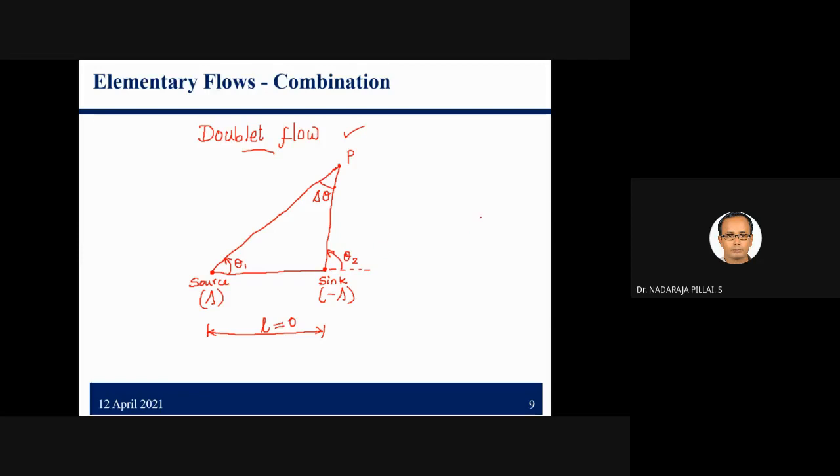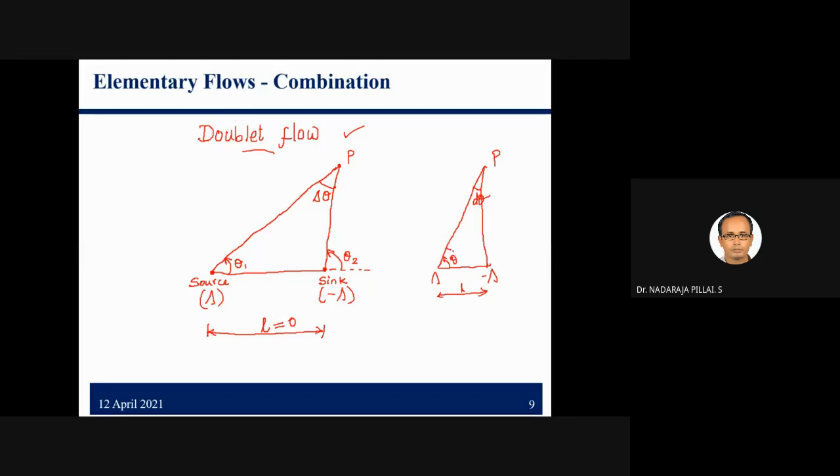So let us consider the case in the limiting condition. I draw the same thing, right? So here you have a point P, and here I consider this as d theta, and here I have a source strength, sink strength, and this distance is L. Of course, this needs to become 0, and I take this as theta.